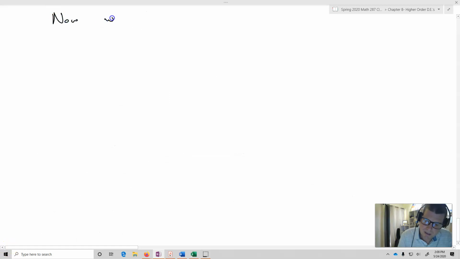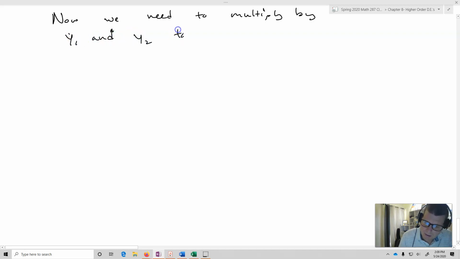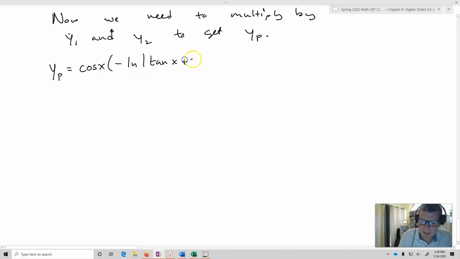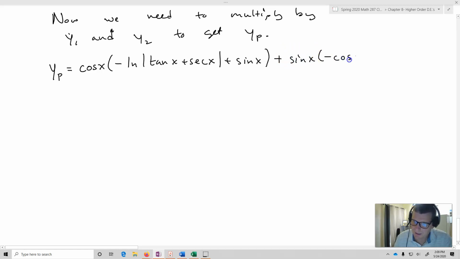Now we need to multiply by y1 and y2 to get yp. So yp is going to equal, well, y1 was cosine x, so we take cosine x times negative natural log of tan x plus secant x plus sine x, plus sine x times negative cosine x.